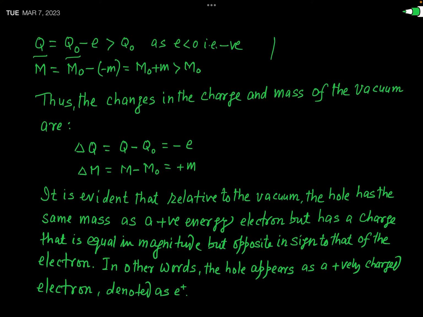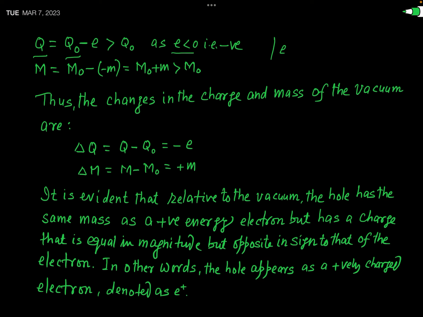But this e is the electronic charge, and the electronic charge is negative, that is, less than 0. So when we substitute the value of e, we have to put a minus sign here, so this will become plus. I have written minus e, but as e is negative, this will become plus.